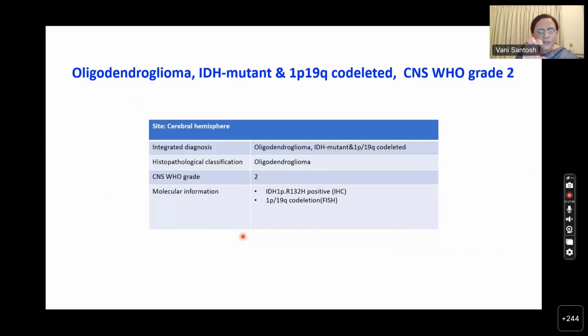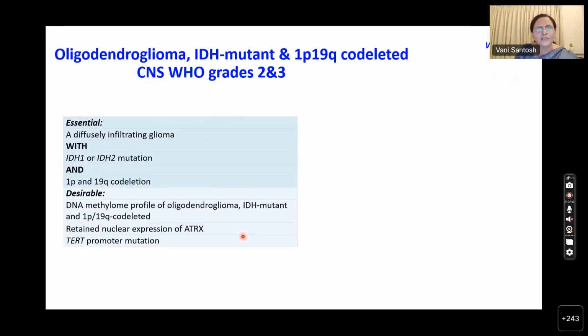But if you do this, it's a sort of synoptic reporting. It will tell the clinician, okay, this is how it is. This is the molecular testing they've done, and that is why they've given this diagnosis. And if we do not have any one of this, we would have given it as a NOS diagnosis. So these are the essential diagnostic criteria for oligodendroglioma. It's a diffusely infiltrating glioma with IDH1 and 2 mutation and 1P19Q co-deletion.